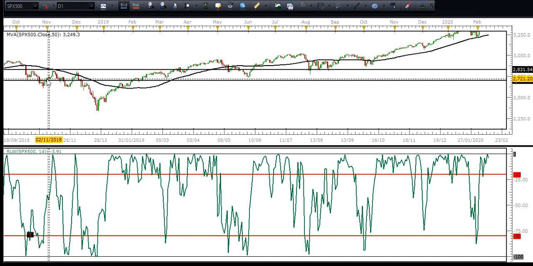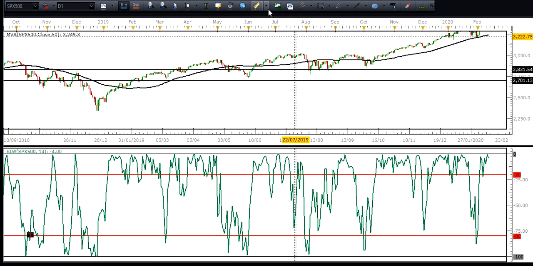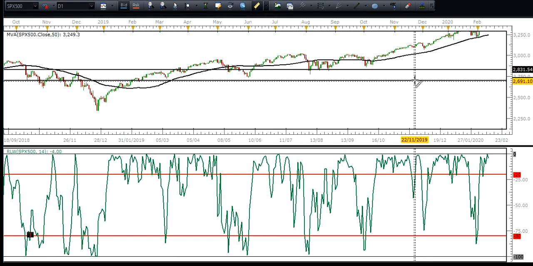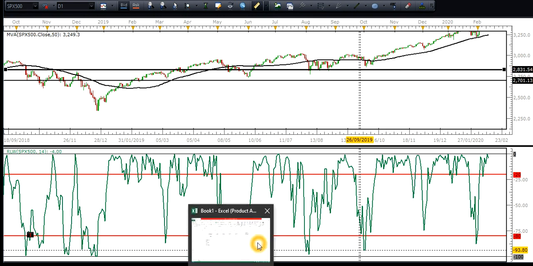You bought on this candle. In 1, 2, 3, 4, 5 days, it got to that point. Let's measure the distance. Look on the right hand side, guys. 1,354.